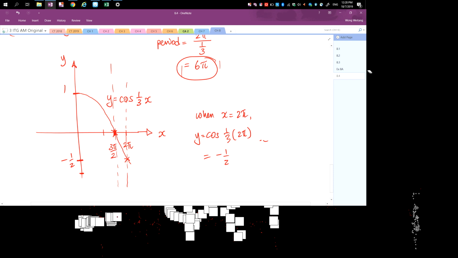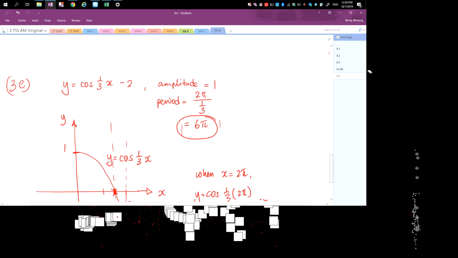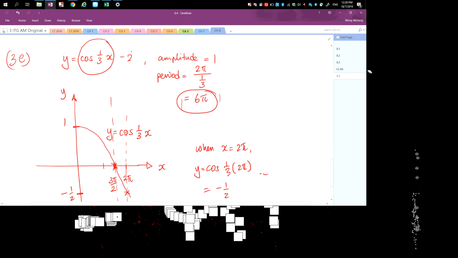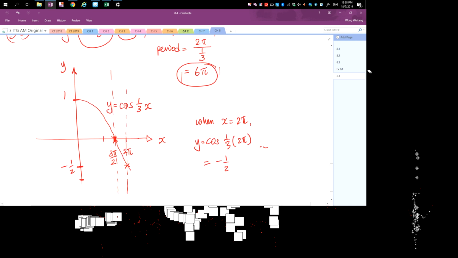So now, I still need to shift my graph. I need to shift my graph down by 2 units. In other words, I shift my x-axis up by 2 units. So this is shifting up by 1 unit. And now, this is my new x-axis.